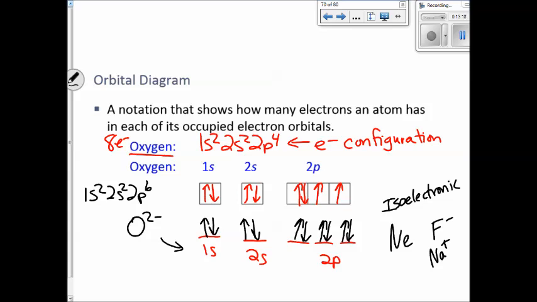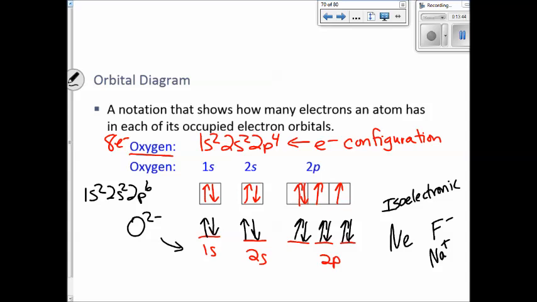In this instance, the degenerate orbitals are still there because the 2p is the degenerate level. Degenerate just means it's a sublevel that has more than 1 orbital in it. So the p's, d's, and f's are called degenerate because they have more than 1 orbital in them.